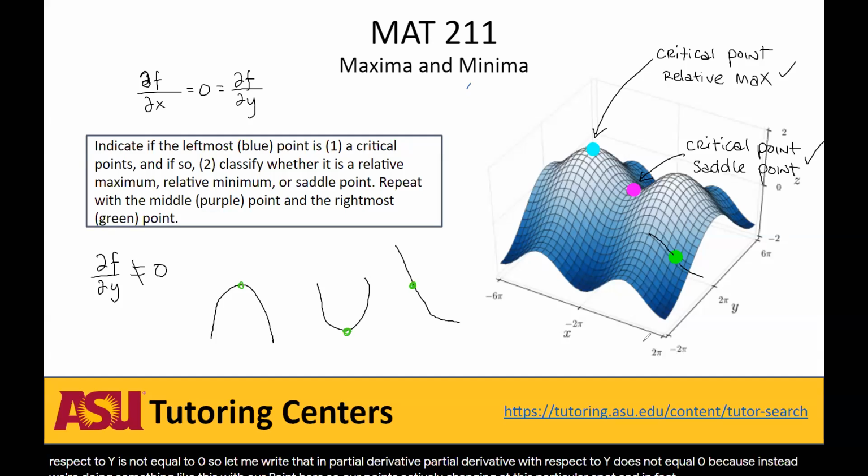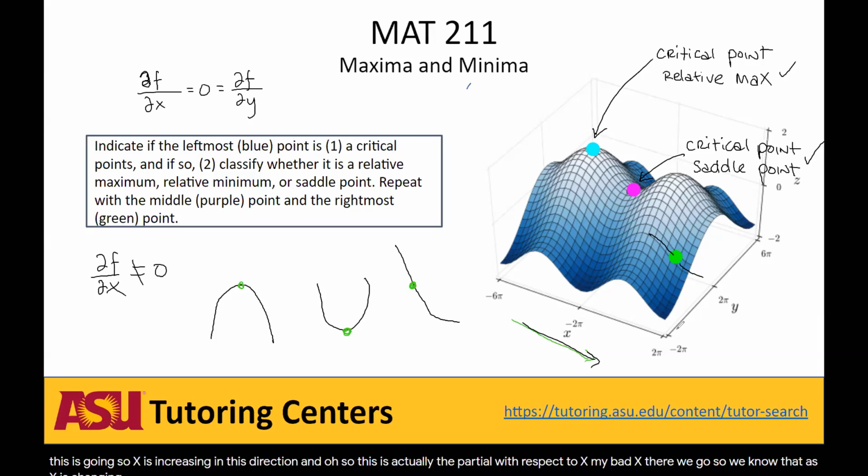And in fact, if we look at the direction this is going, so x is increasing in this direction, and oh, so this is actually the partial with respect to x, my bad. X, there we go. So we know that as x is changing here, we can see that this is sloping downwards.